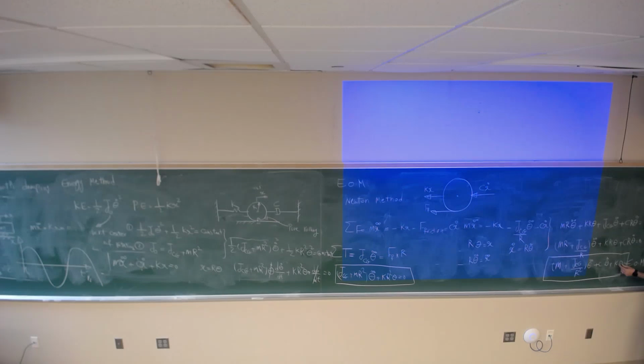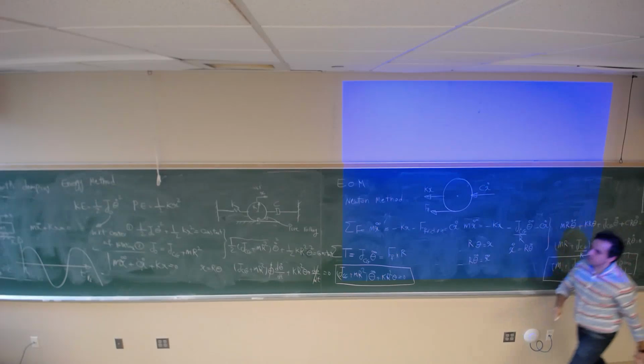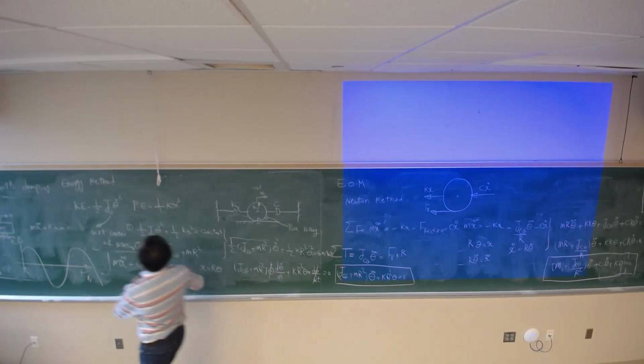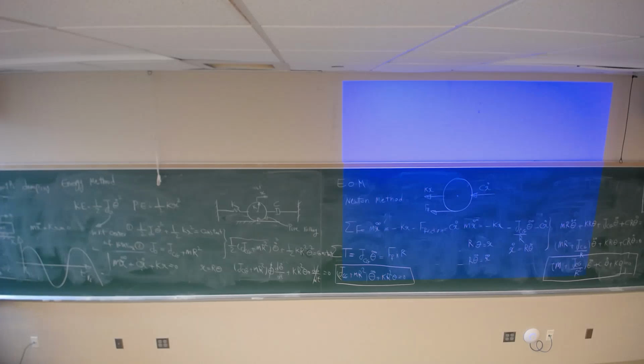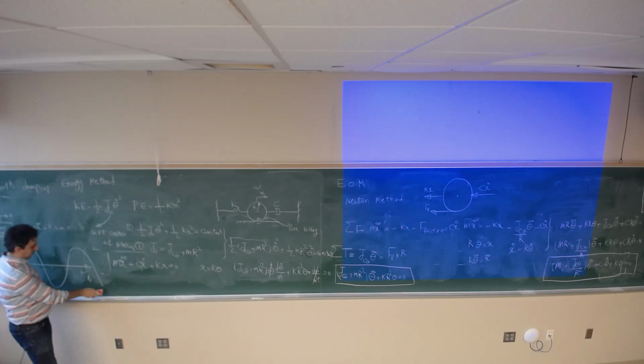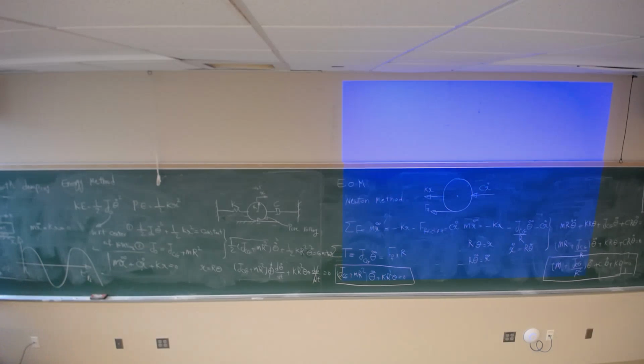So the coefficient of theta is K divided by the coefficient of theta double dot, which is this guy. No matter if we have damping or not, the angular frequency is always defined as the coefficient of theta divided by the coefficient of theta double dot, which is this. But the equation of motion is different. And you cannot use the energy method for this new problem. Any question about this?